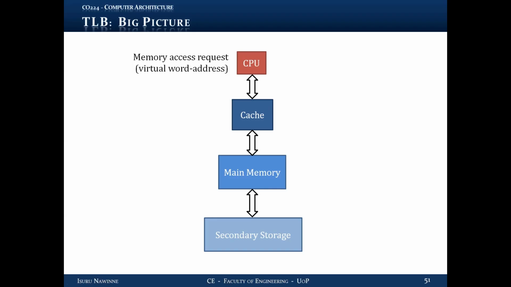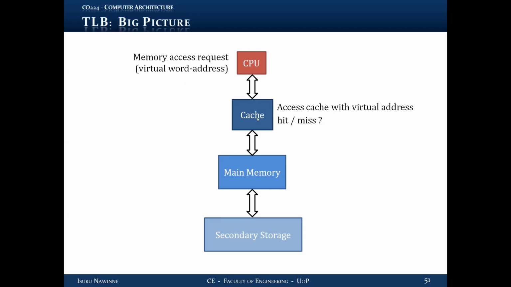And we say that the address generated by the CPU is a virtual address. Virtual word address usually, because the CPU reads words, right? With certain least significant bits 0 to point to the start of the word. So the CPU produces a virtual word address, and it directly accesses the cache with that virtual address, not with a physical address, right?